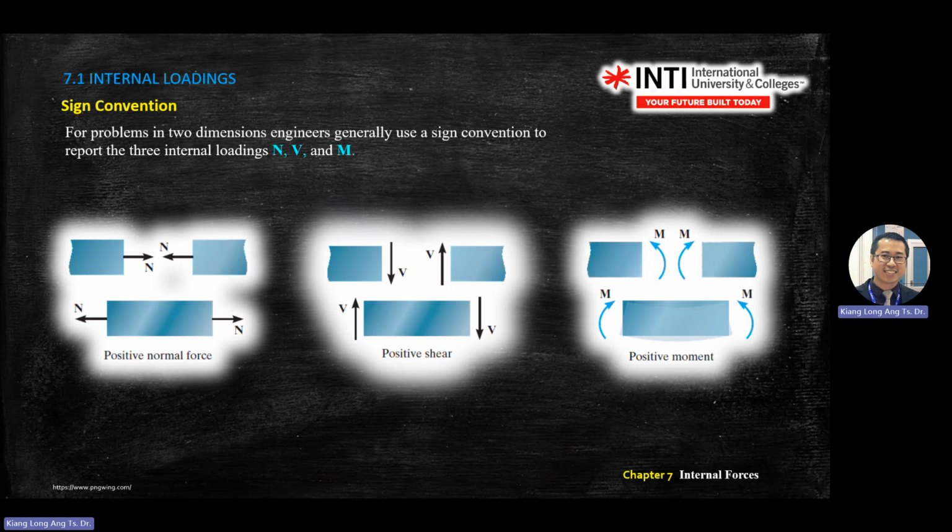So if the question says the object is subject to positive moment, when you draw the free body diagram, draw the moment direction this way. Then when you cut, you just flip the direction.